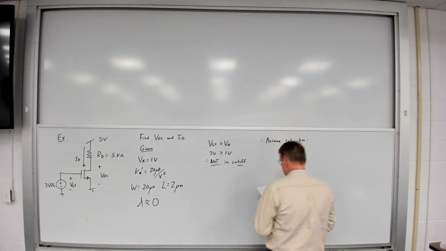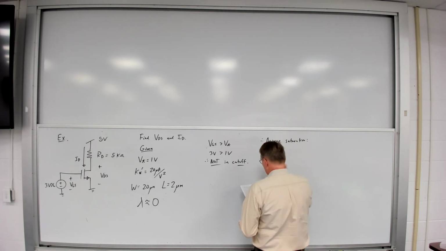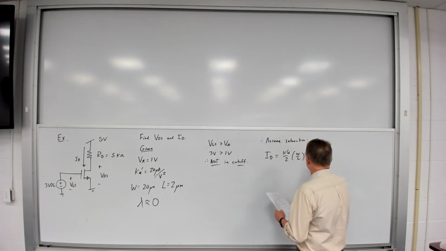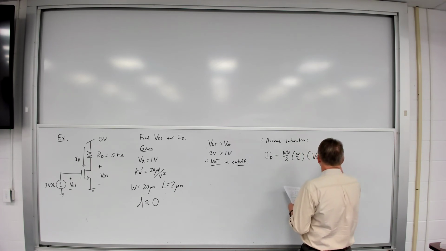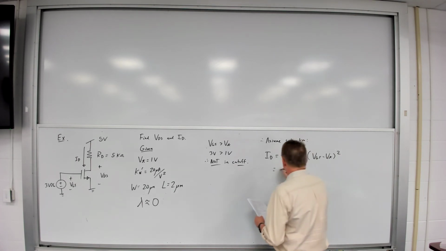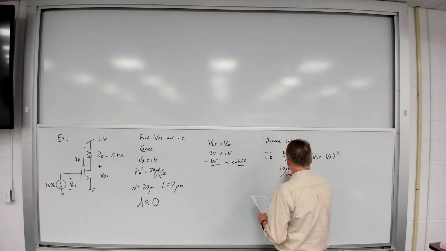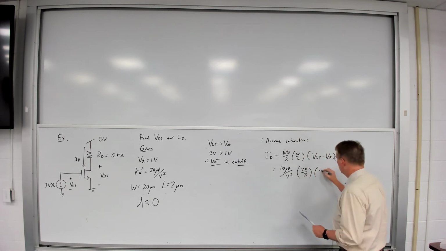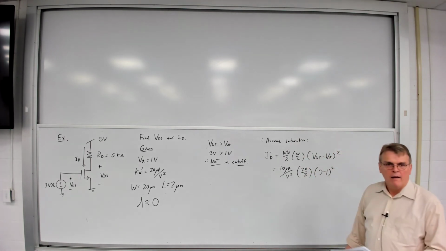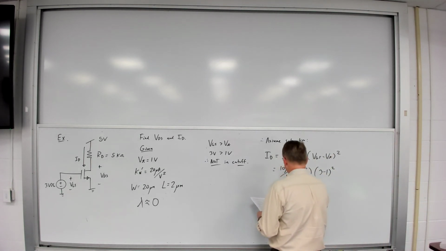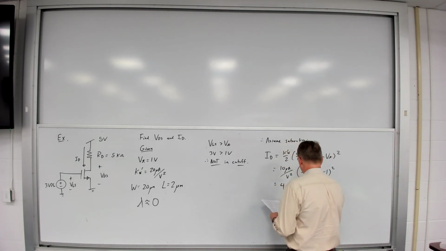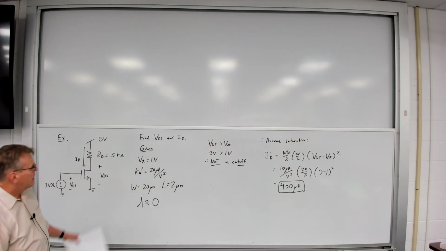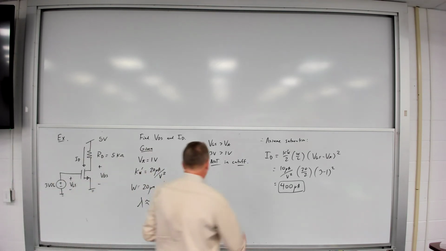If it's in saturation, then ID will be equal to K prime N over 2 times W over L times VGS minus VT squared, which is equal to 10 microamps per volt squared times 20 over 2 times 3 minus 1 squared. And I calculate, and that is equal to 400 microamps. Therefore, what's VDS?